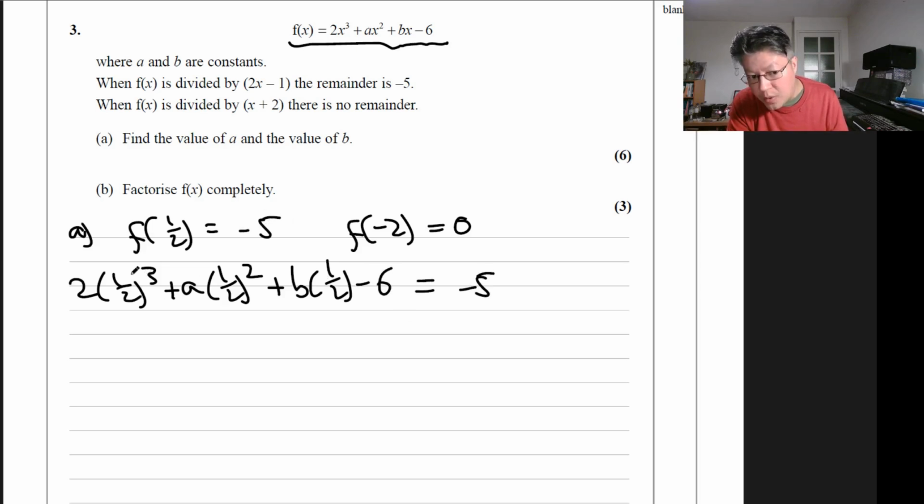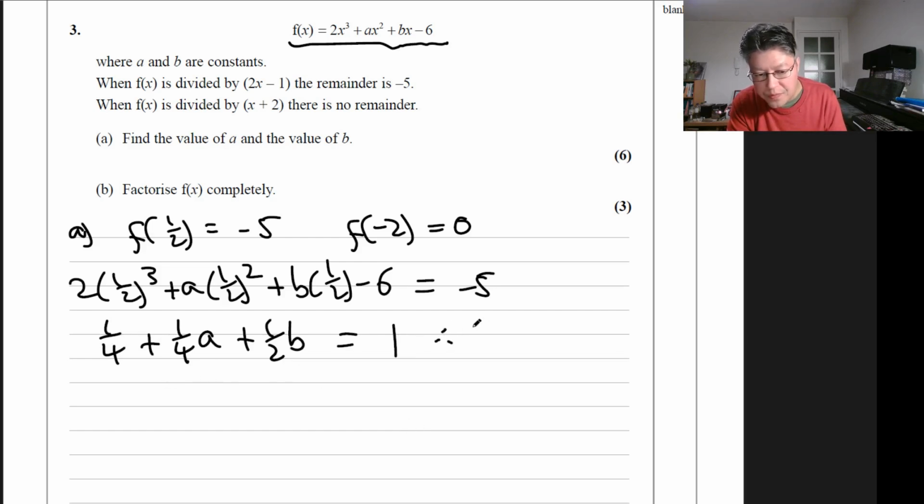This is 1/8 times 2, which is a quarter, plus a quarter a, plus a half b, and the minus 6, I'm going to bring it over to the other side as a plus 6, so that equals 1. And we'll simplify this by bringing the quarter over to the right. So here, therefore, a quarter a plus half b equals 3/4.